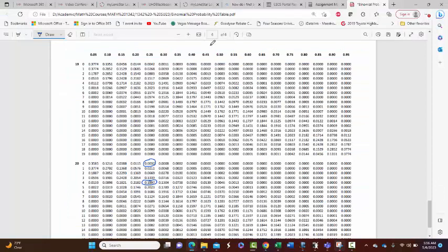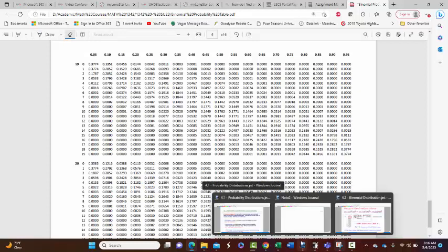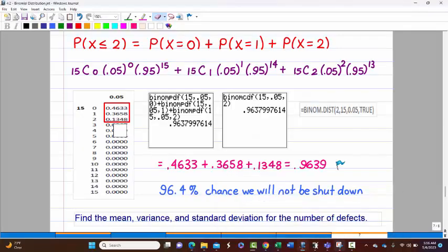Okay, well actually yes, 0.05 is in the first column, but I could have just selected only that column. So you can get it from right here. You can just add up those 3 numbers for 2, 1, and 0 and get it that way. Just for the heck of it, I did 3 separate binom PDFs and just added them together.